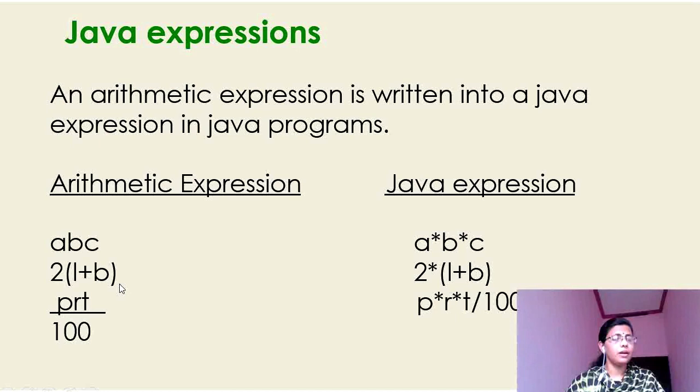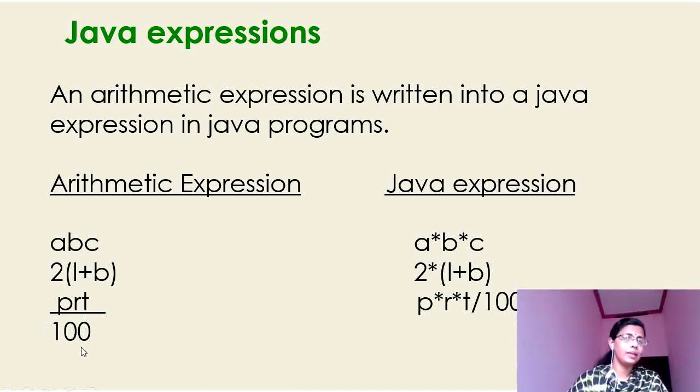Now if you look at this, this is 2 into (L + B), am I right? Area. If you write this in maths, you know. But when you write it in Java, it gives you an error. It will say it is not proper. So what you should write, you cannot just write the blank bracket here. You must say 2 * (L + B). Similarly, PRT by 100.